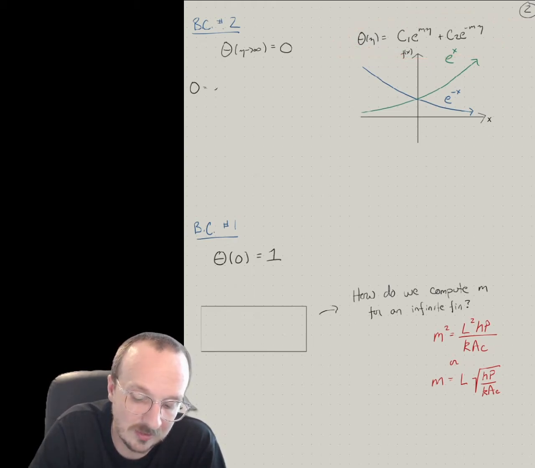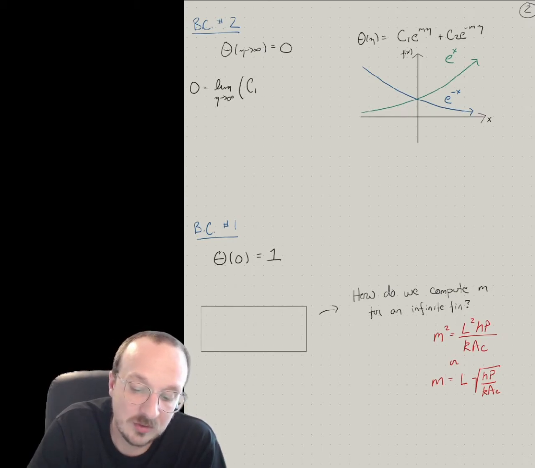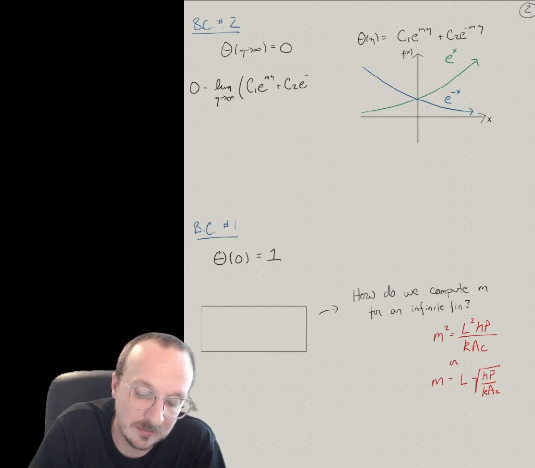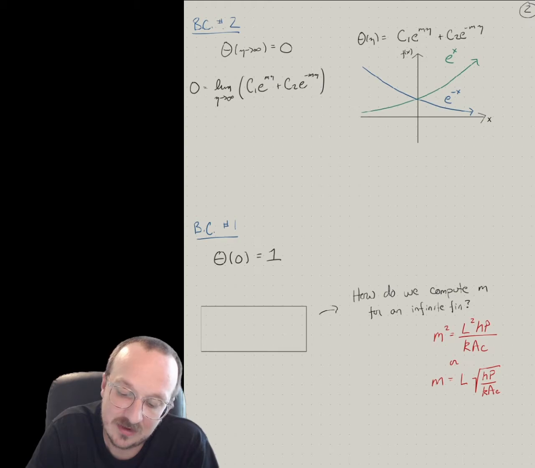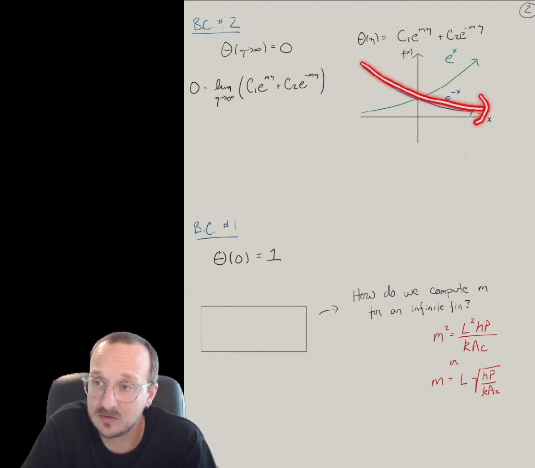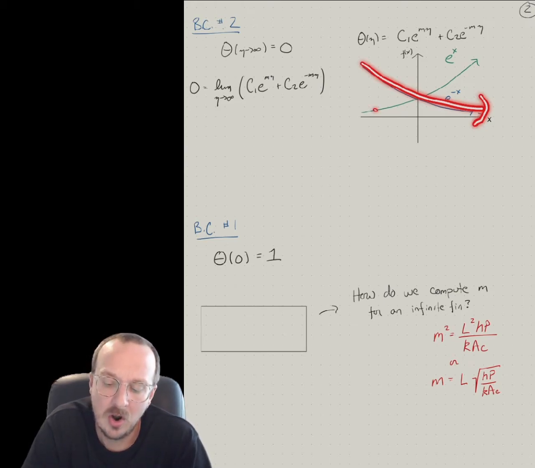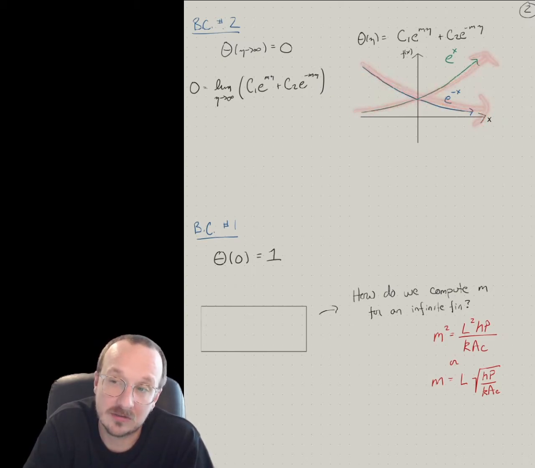So you're saying 0 is the limit as z goes to infinity of C1 e to the mz plus C2 e to the minus mz. If you look at these two functions, e to the minus x converges as x goes to infinity, it goes to 0, whereas e to the x diverges infinitely.